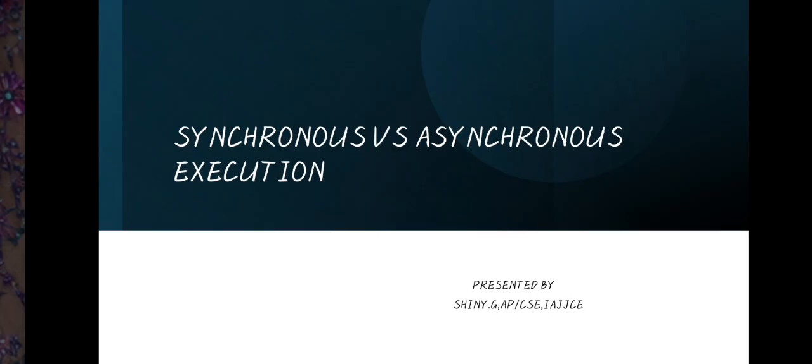Now I am going to talk about synchronous and asynchronous execution. Synchronous execution definition: synchronous execution is a process where tasks are executed one after another in a fixed sequence.